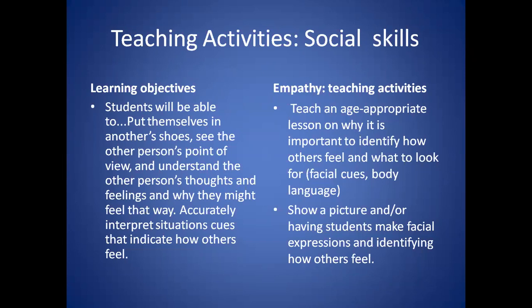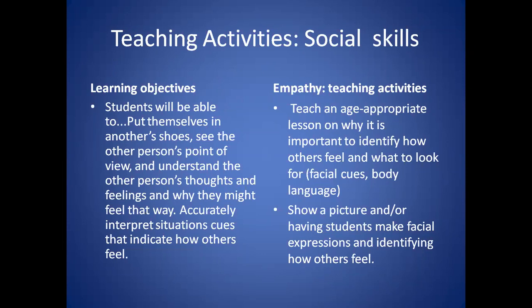The learning objectives on the left are actual learning objectives. So if you're needing to create a lesson plan about this, these and other objectives are available online, and also these are ones that I put together.